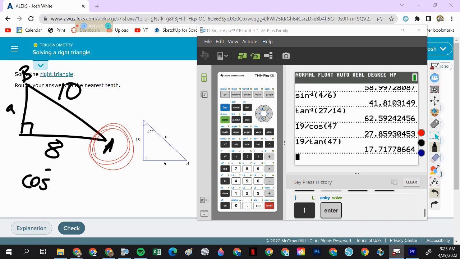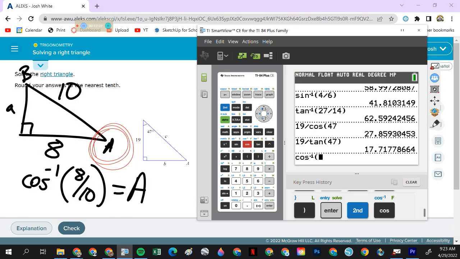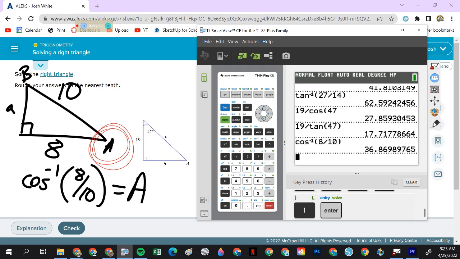The cosine inverse of 8 over 10 is equal to angle A. So we type in cosine inverse of 8/10, and I get 36.9. So A is 36.9 degrees, which means angle B is simply 53.1 degrees.